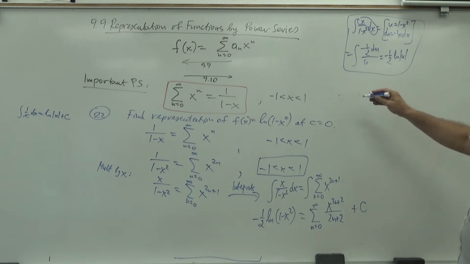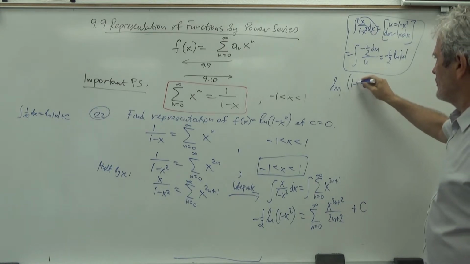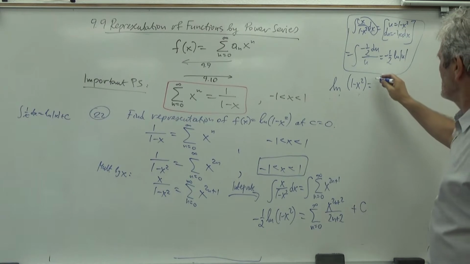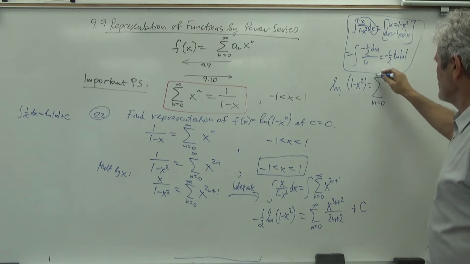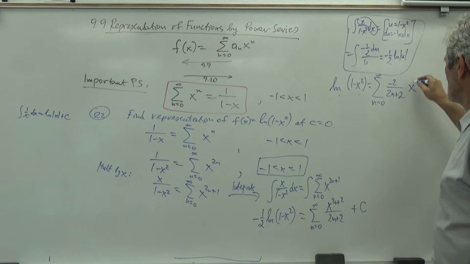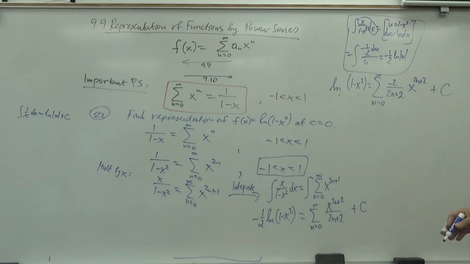So I'll get ln of 1 minus x squared equals the sum, n goes from 0 to infinity, of negative 2 over 2n plus 2 times x to the 2n plus 2, plus c.